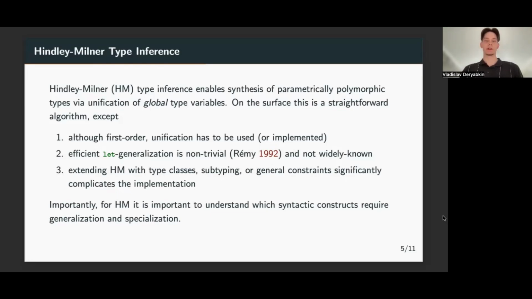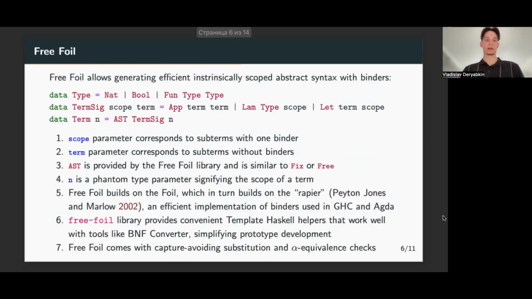Implementing generic Hindley-Milner or bidirectional typing should be relatively straightforward once we have a generic representation for abstract syntax with binders, which we likely have thanks to FreeFoil. FreeFoil allows to generate an efficient, intrinsically scoped abstract syntax with binders from a given signature that is presented by a Haskell data type with two parameters.